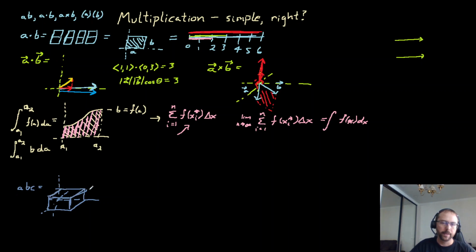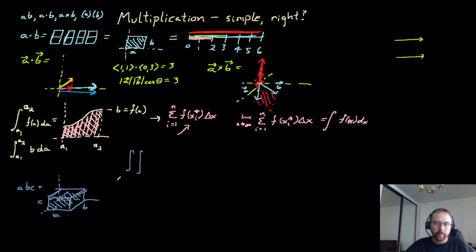So we have this shape, right? And let's say that A is this line, B is this line, C is this line. Well then, the multiplication of all 3 of these together is the volume of this shape. So conceptually, that's what's going on. And that's important for 2 more things I want to touch on briefly here. So let's say we have this next one, we're going to call it the double integral.